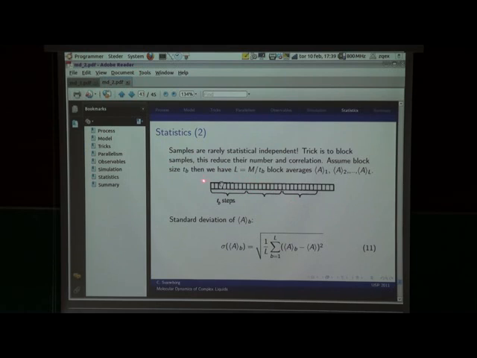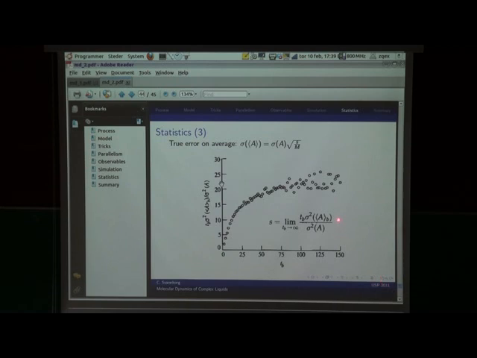Instead of having 500 configurations, maybe you block 10 configurations and produce 50 different estimates for the block average. And you can make the ratio of the error of the observable and the error of the block. This ratio is going to plateau at a value, and you can see that a blocking of 20 or above is large enough to decorrelate the configurations.